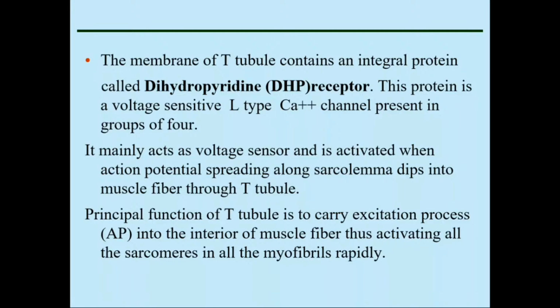The principal function of the T tubule, therefore, is to carry the excitation process or the action potential into the interior of the muscle fiber, thus activating all the sarcomeres in all the myofibrils rapidly. So, rapid and simultaneous activation of myofibrils is the purpose served by this dihydropyridine receptor.